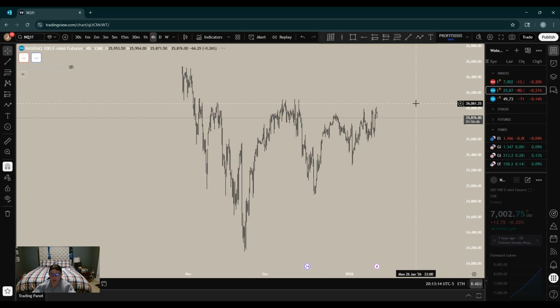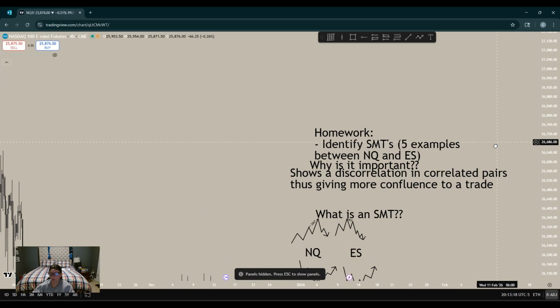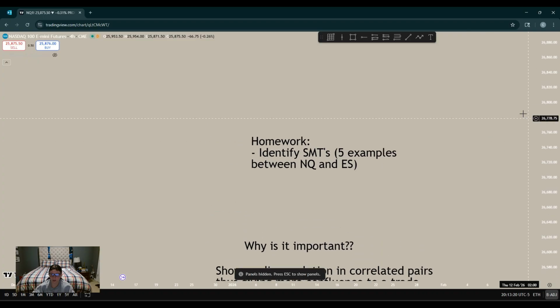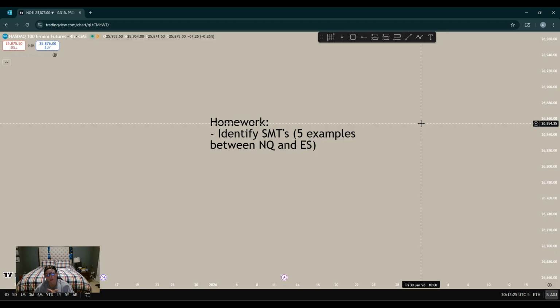So let's go back and tell you guys about your homework. It's going to be a pretty light homework today, guys. Today's been a long day. I'm kind of tired, to be straight up. It's just going to be to identify 5 examples of SMTs between NQ and ES. Shouldn't be any other pairs. Yes, there are other correlated pairs as well, but these are the 2 main ones.